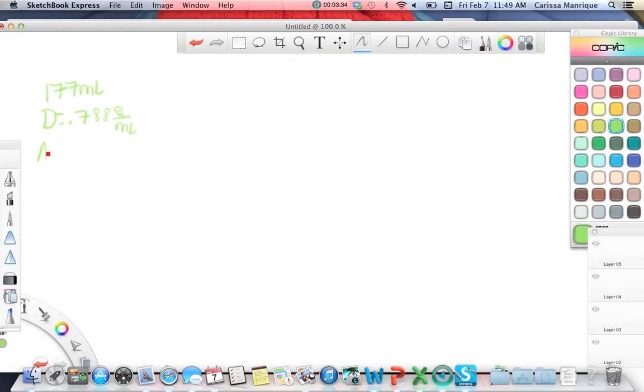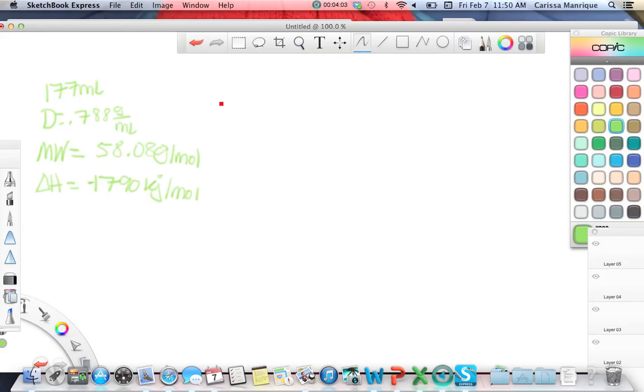And then let me also give you the molecular weight of acetone, which is 58.08 grams per mole. And then remember, the delta H of 1 mole of that is 1,790 kilojoules per 1 mole of acetone.